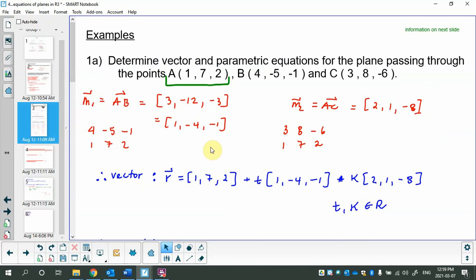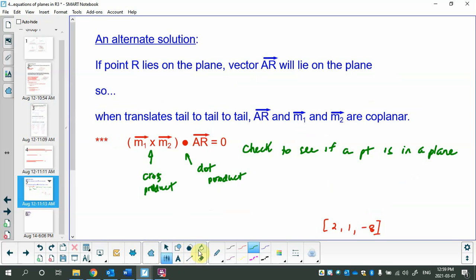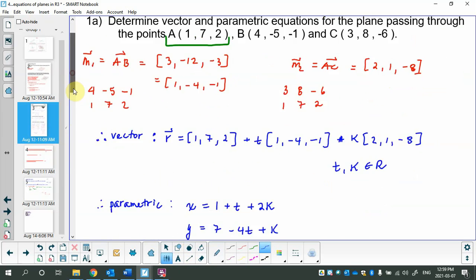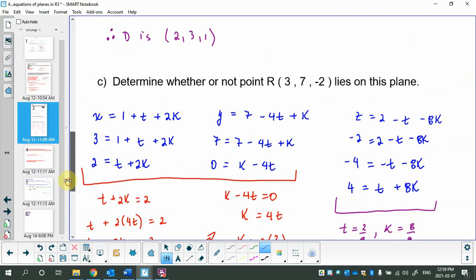I need point A, 1, 7, 2. And the test point, which is point R, and point R is 3, 7, negative 2.